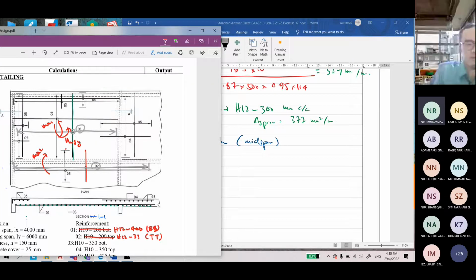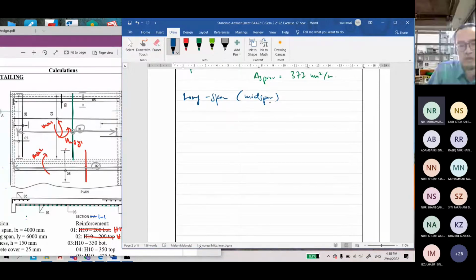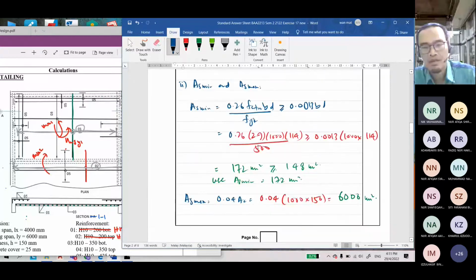The bending moment is MSY1 equal to, what was the bending moment? 7.1, right? 7.1 kilonewton meter. Okay, let me check first. Okay, 7.1, MSY1.